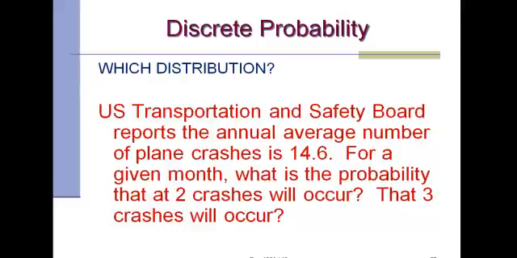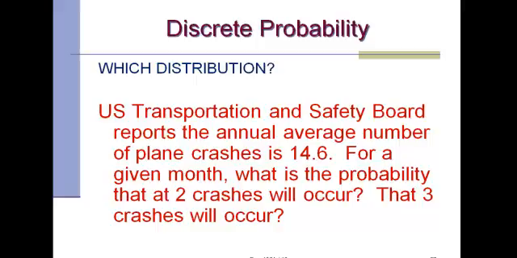Okay, the U.S. Transportation and Safety Board reports an annual average number of plane crashes is 14.6. For a given month, what is the probability that 2 crashes will occur? That 3 crashes will occur? So what distribution is this? Hopefully you realize that it's a rate and it's an interval, and we're talking about the Poisson distribution.